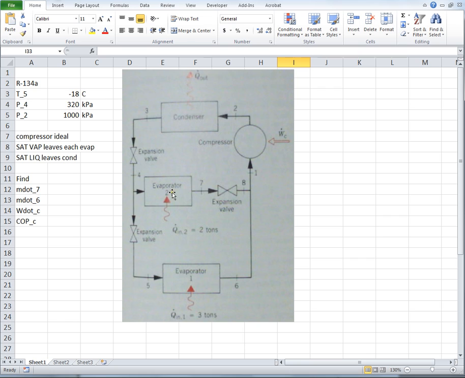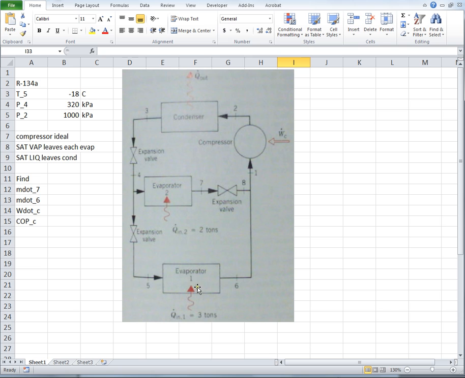The mass flow rate 7 is in this evaporator 2, and mass flow rate 6 is in this evaporator 1. Notice that it is given, I didn't write on the left-hand side here, the cooling capacity for each of these evaporators. So this is a design problem to determine how much cooling we need to have. I mean, how much flow rate do we need to have to provide a certain amount of cooling.